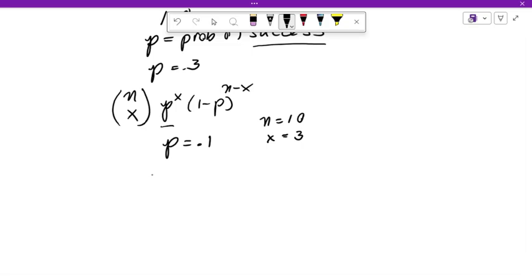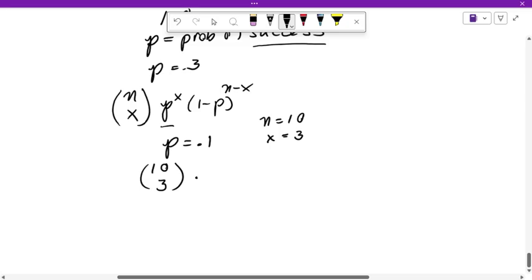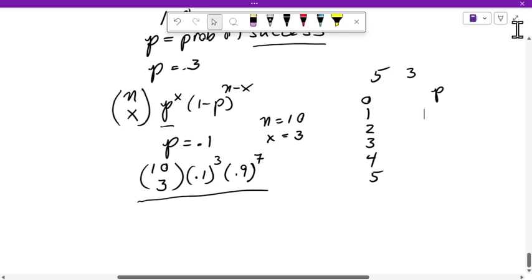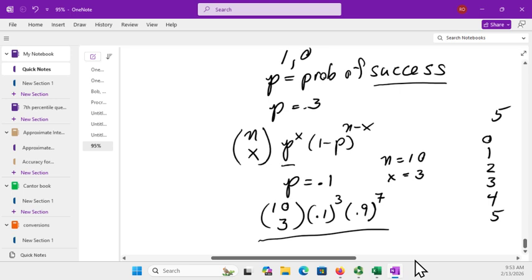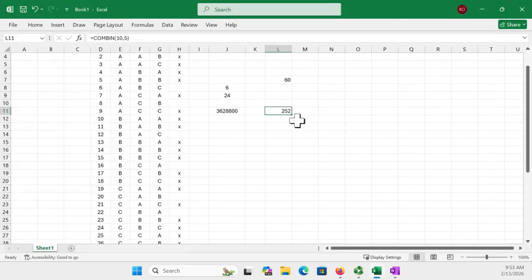This literally becomes 10 combinations 3, 0.1 to the third, 0.9 to the seventh. That's an official binomial probability. We don't have to calculate any of this. Pick a spot.